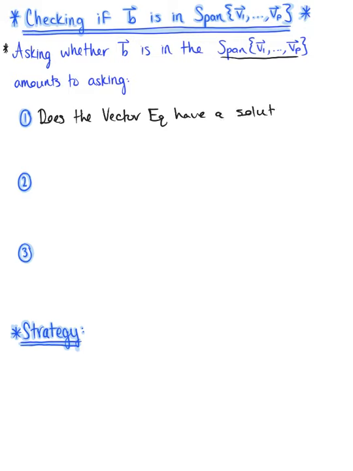If you say, is vector b in the span of the set of vectors v sub 1 through v sub p, what you're asking is, does that vector equation x sub 1 times vector v sub 1 all the way up to x sub p times vector v sub p equal vector b? Is there a solution to the vector equation?